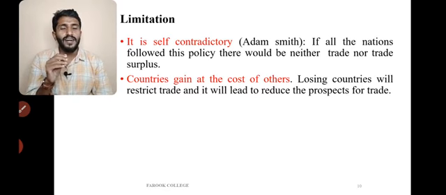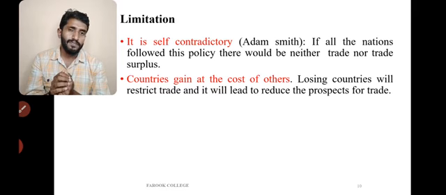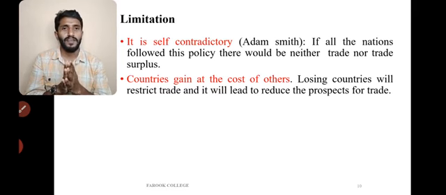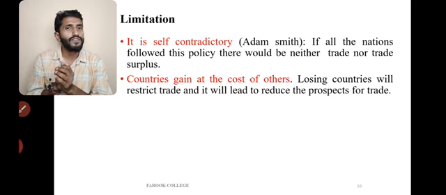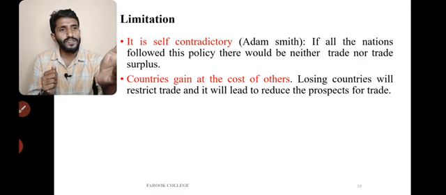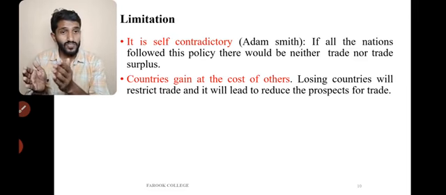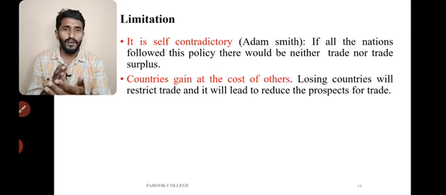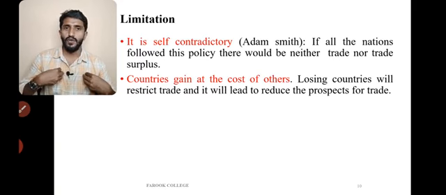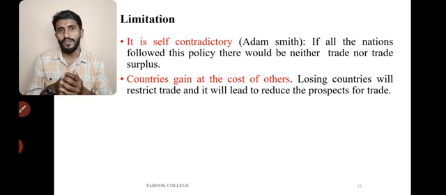Secondly, the countries gain at the cost of others. As in my example, if I am gaining $10, it will be at the loss of $10 of another person. Suppose that the losing countries restrict the trade; it will reduce the prospects of trade. Will he be ready if I am always gaining $10, and a person from the US is losing $10?